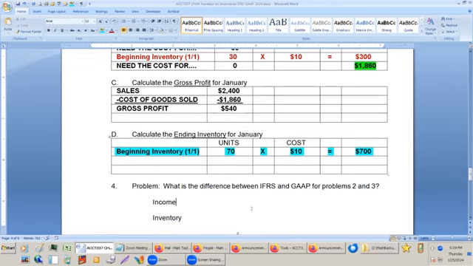Okay, what would be the difference in income and inventory between problems 2 and 3?